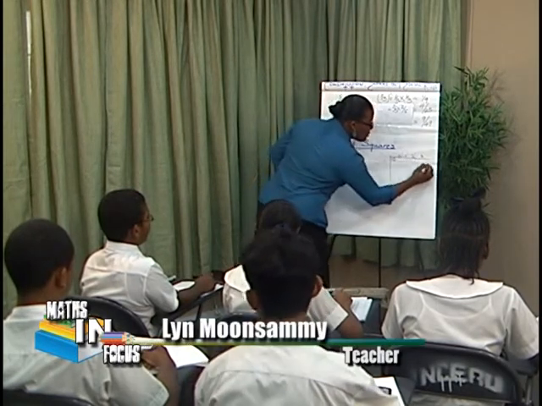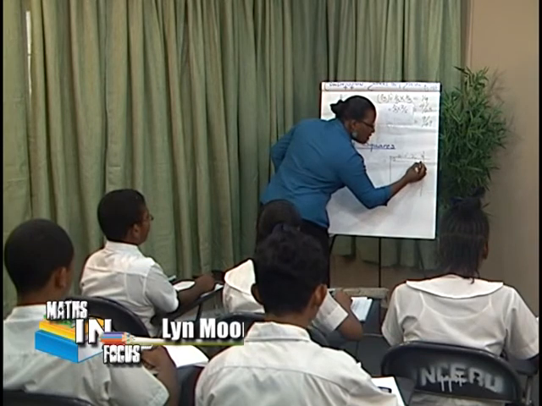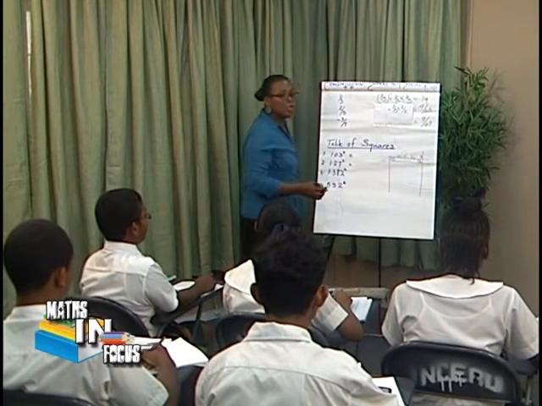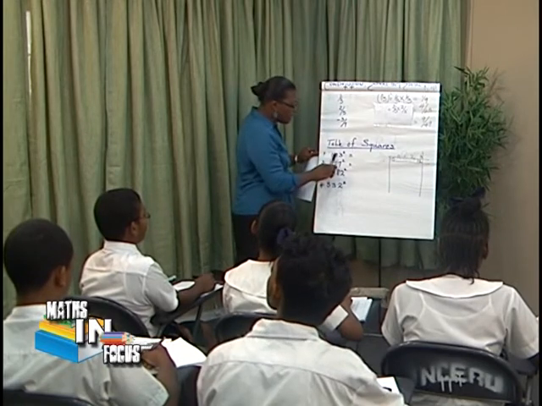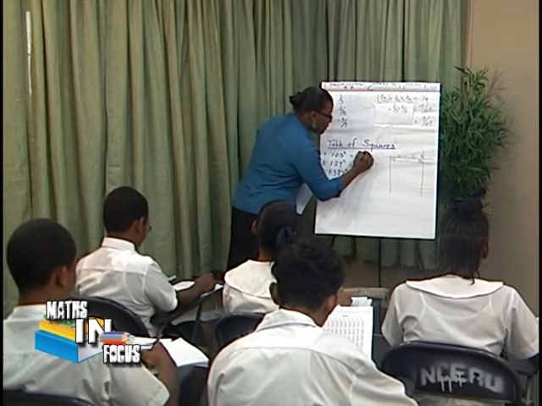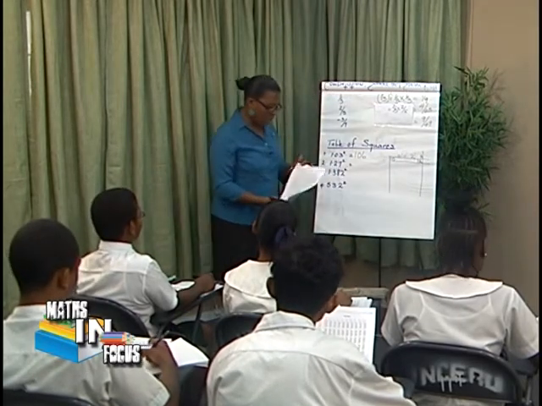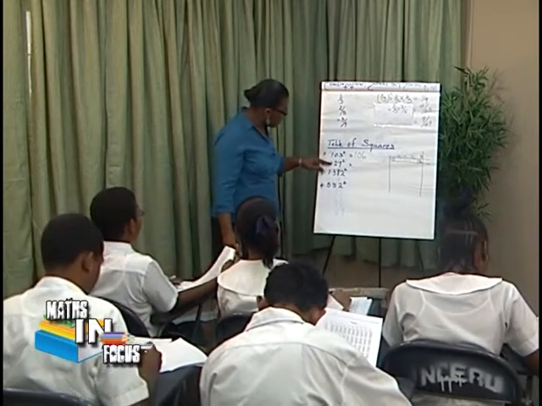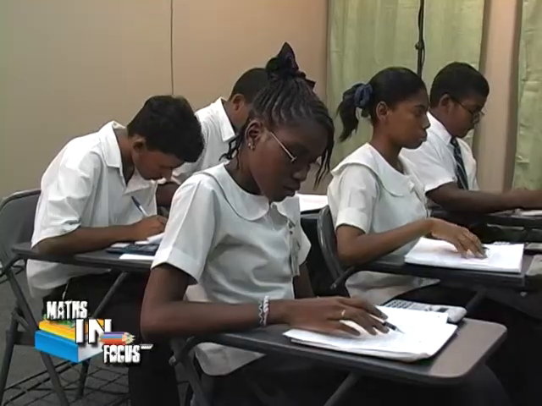So where this row and this column intersect, here we'd have 1.06. So the square of 1.03 would be 1.06. Now I want you to use your table and find the square of 1.27.